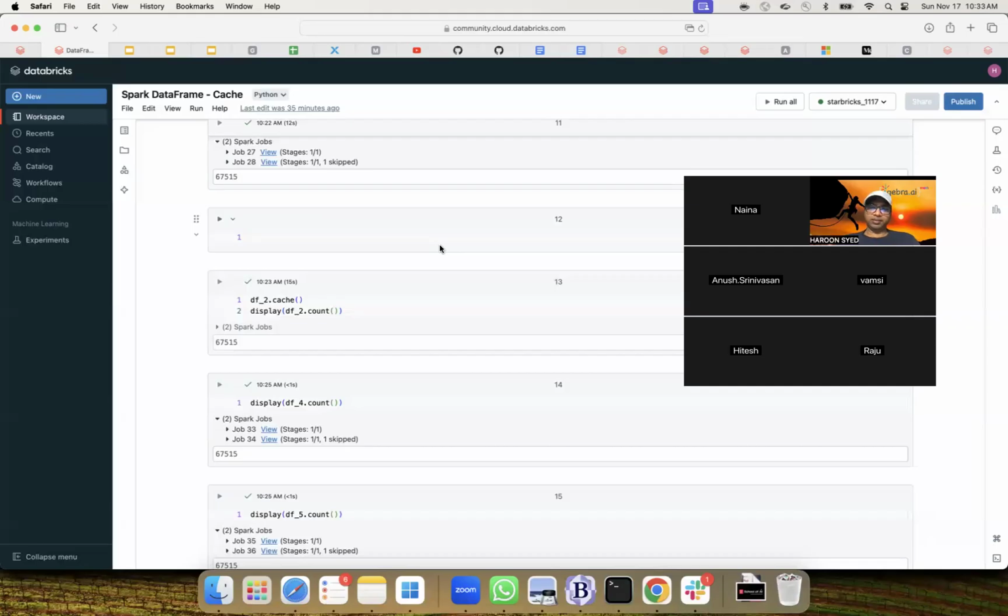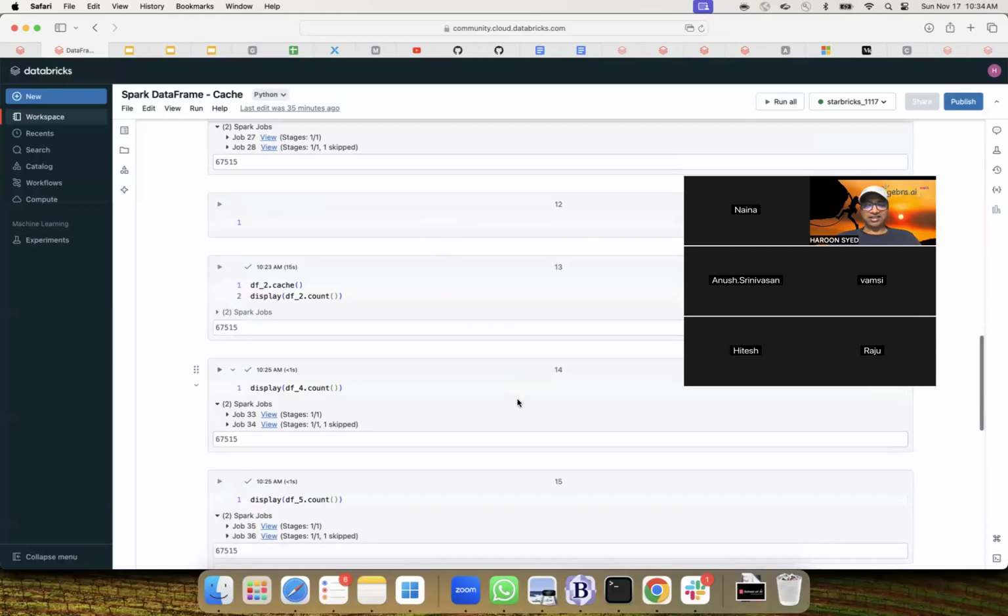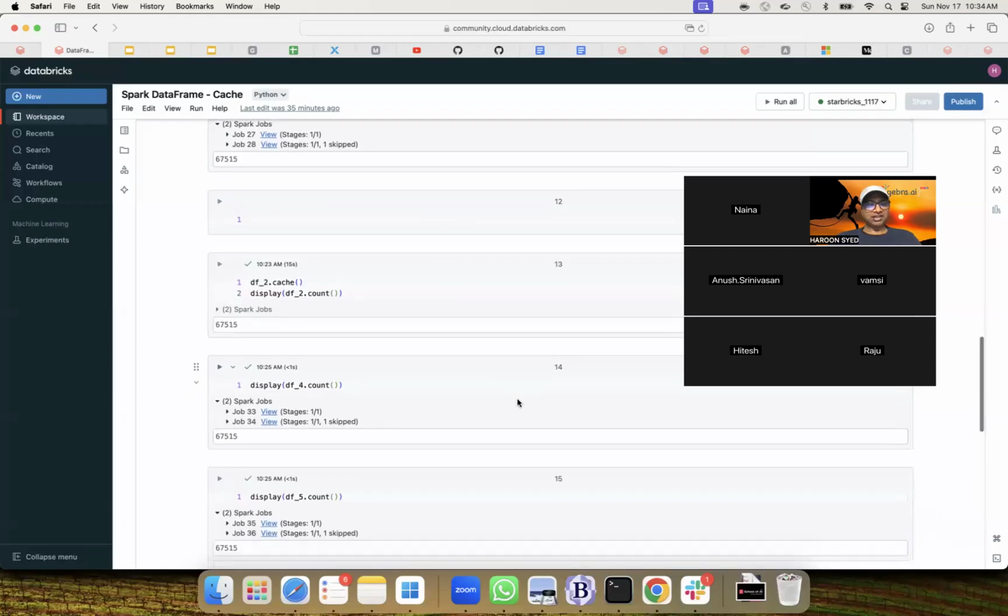One question. Now we were doing transformations by creating multiple data frames, right? And we were caching DF2 because that is where it was going to every time.